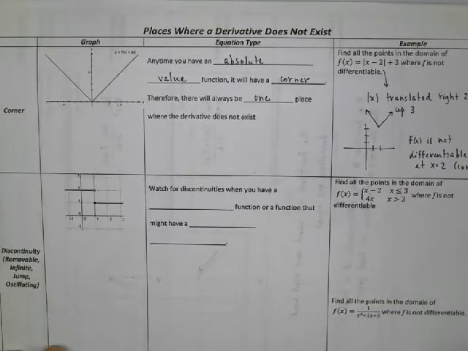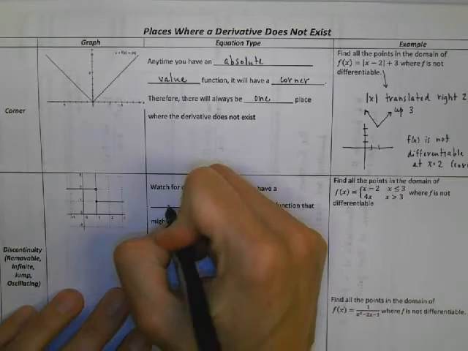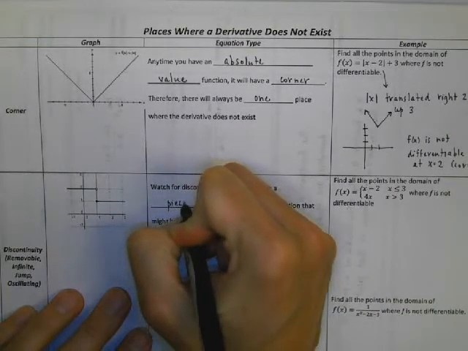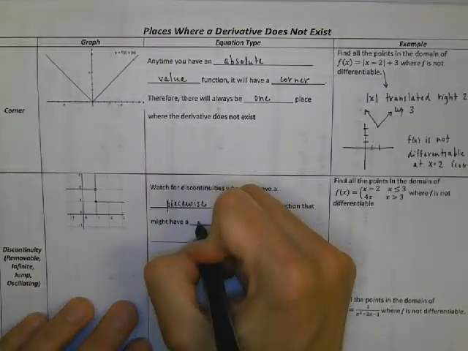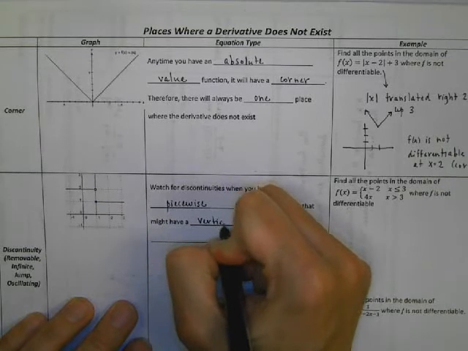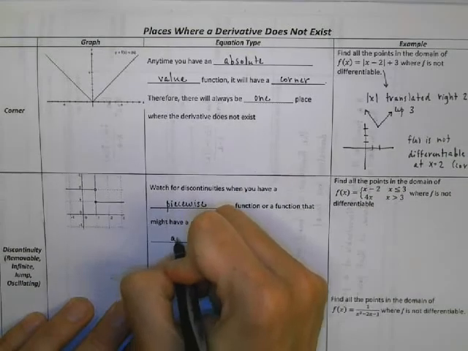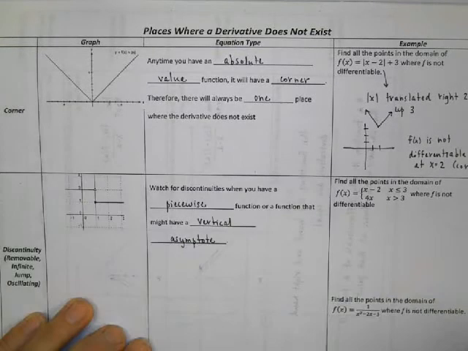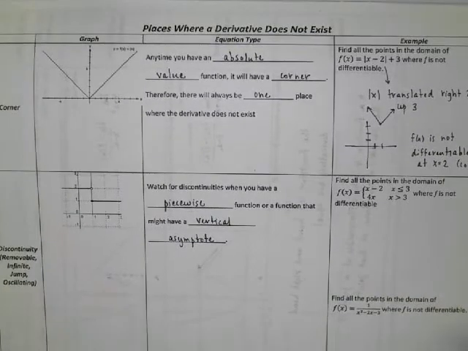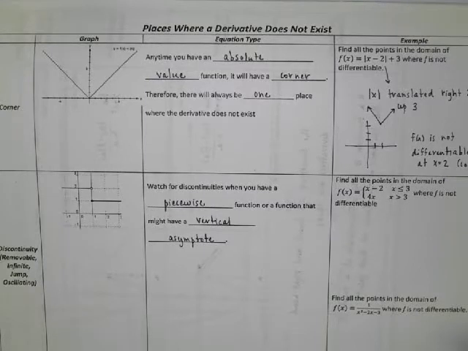We need to watch for discontinuities when we have a piecewise function or a function that might have a vertical asymptote. So as soon as we know that a function is not continuous at a point, we automatically know that it's not going to be differentiable at that point.